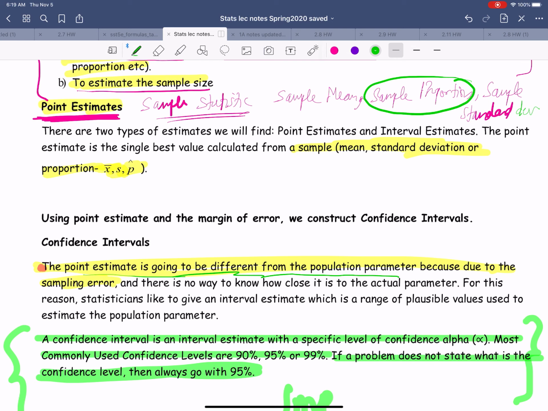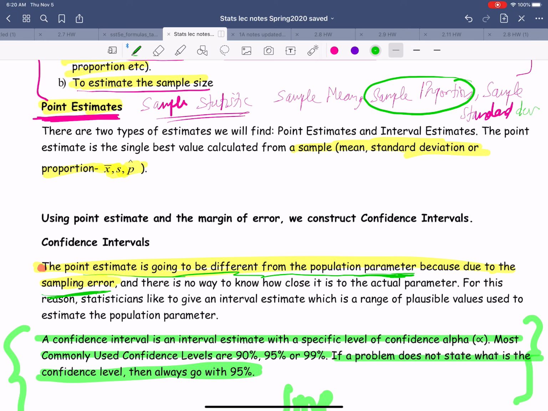But I want to estimate the average height of Yuba College students, thousands of students, not just the 30 in my class. My 30 students' average height will not be the same as the average height of Yuba College students, because the population is different from the sample, due to sampling error.